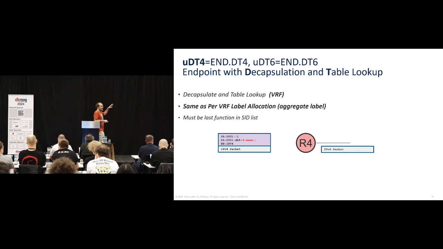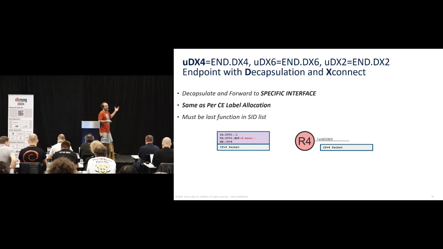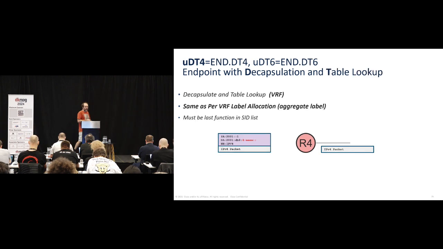There is the same bunch of functions with DT, DT6 in this example. Again, I didn't say that previously: End.DX is 100% equivalent of the per-prefix or per-CE label allocation in MPLS, right? 100% the same thing, identical. You just do the forwarding based on the outer information.